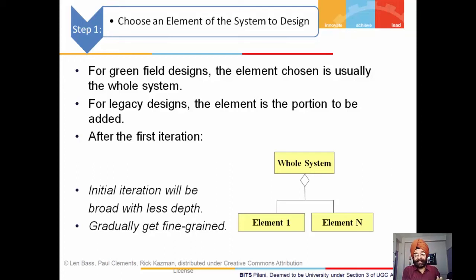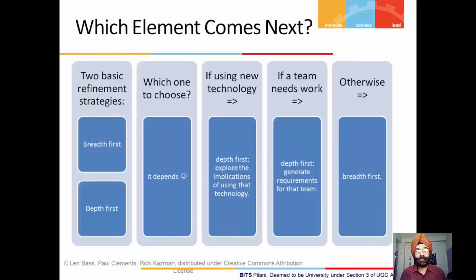Well, we accept the legacy as it is, we don't want to change it, but we want to give it better security, better response, better interoperability. So these type of requirements will be there. So you will be looking at elements. So we number the elements and we iterate from up, down one channel, or we go sideways. The whole idea is you start with the whole system and gradually get more and more fine-grained in your approach.